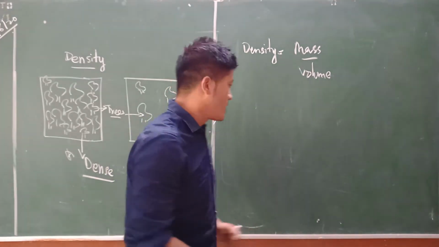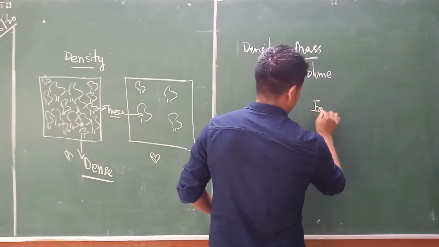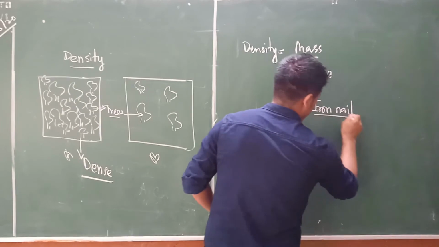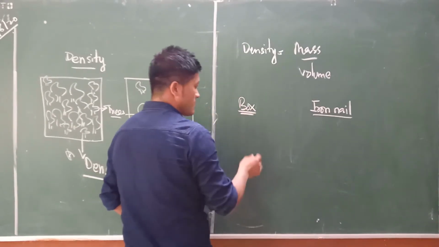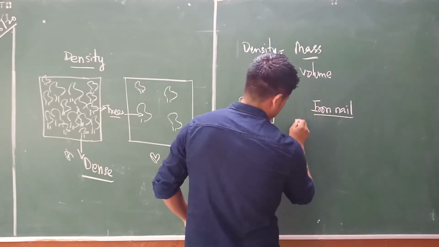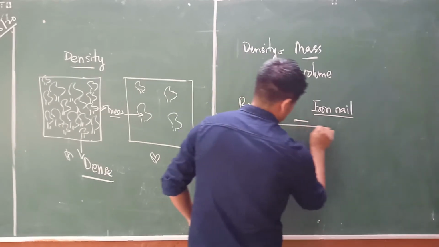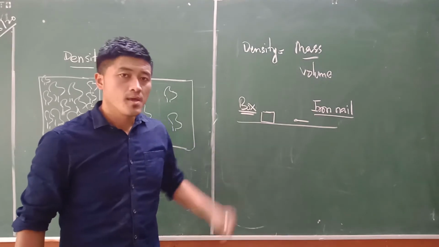For example, there is an iron nail, and there is a box here. Both of them are present on the water.